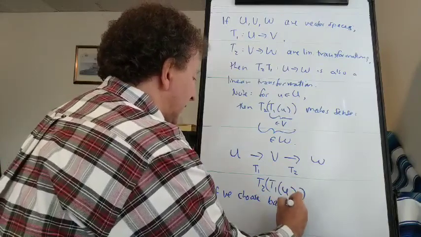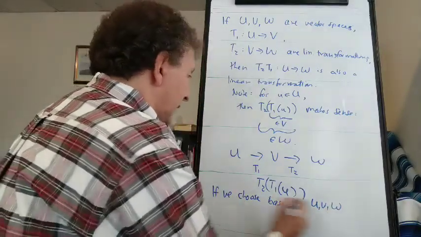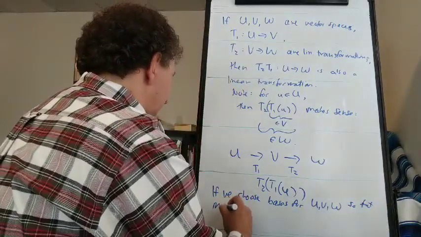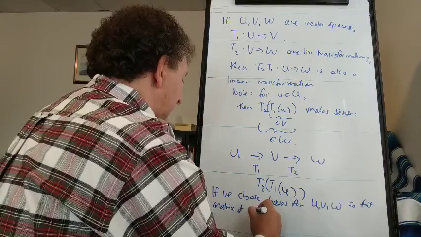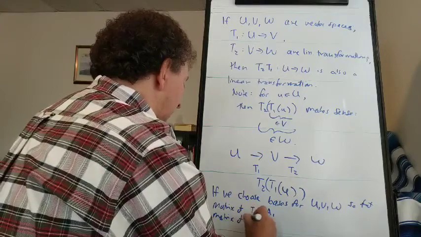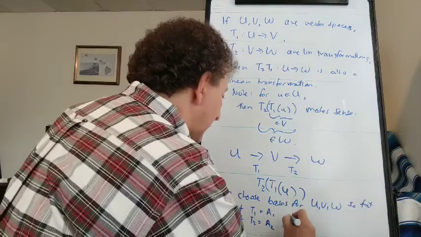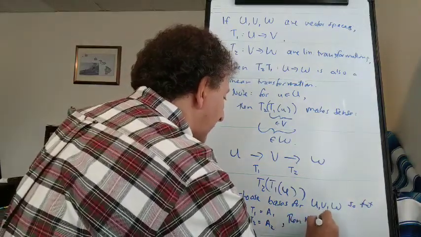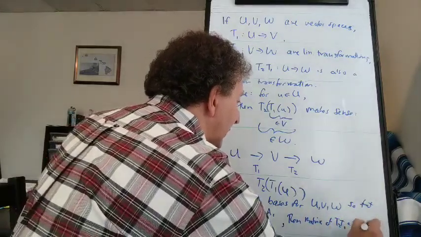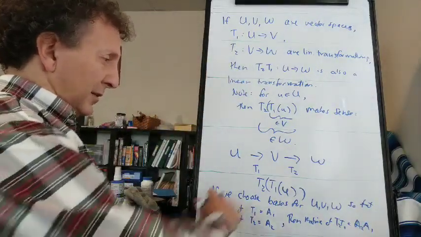So if we choose bases for U, V, and W, so that the matrix of T1 equals A1 and the matrix of T2 equals A2 with respect to the bases that we've chosen, then the matrix of T2 T1 is just A2 A1. So the easiest possible thing.